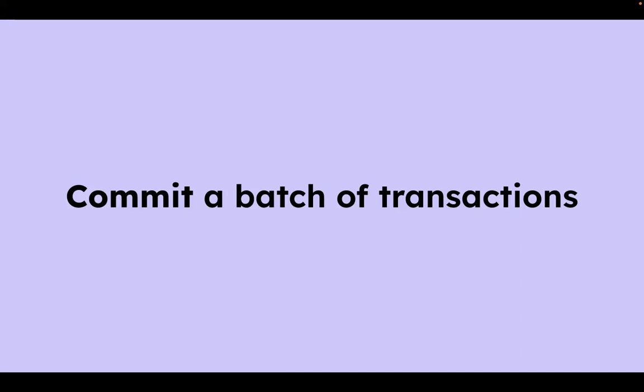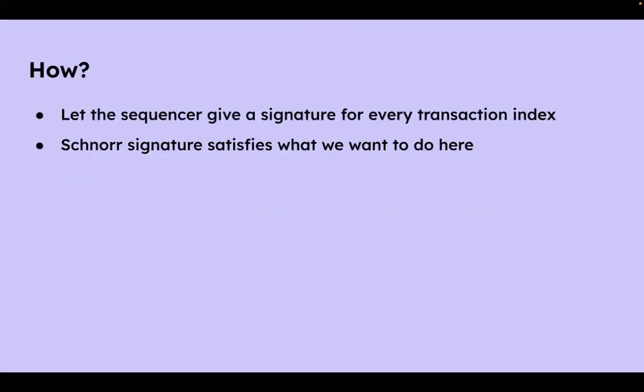So what I am suggesting with the Schnorr signature here is to commit a transaction instead of a batch of transactions. Let's see how we can simply think of sequencing a signature for every transaction, for every given transaction index.